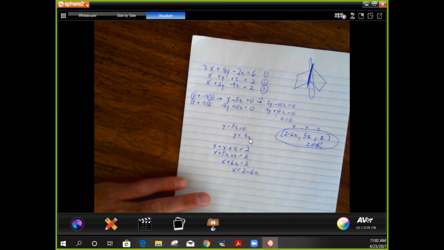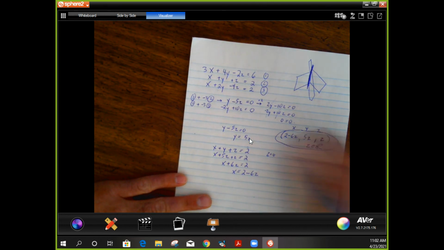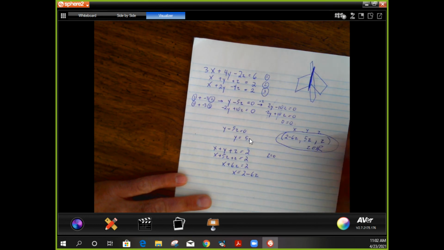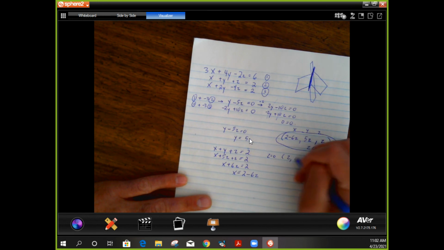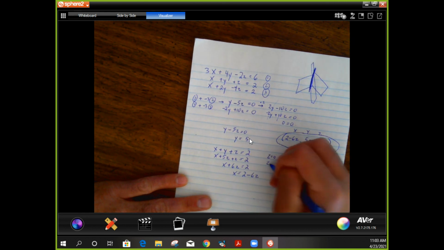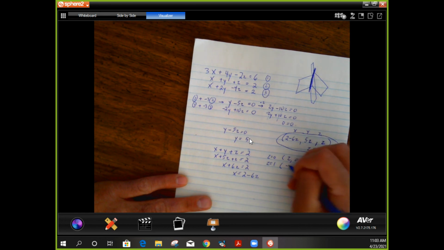If you wanted to test a couple of points just to make sure that you did it right, what you could do is choose a value for z, because z could be any real number. If z is a specific number, like 0, then if you plug in 0 for z, you get 2, 0, 0. If you plug in 1, that would be negative 4, 5, 1.